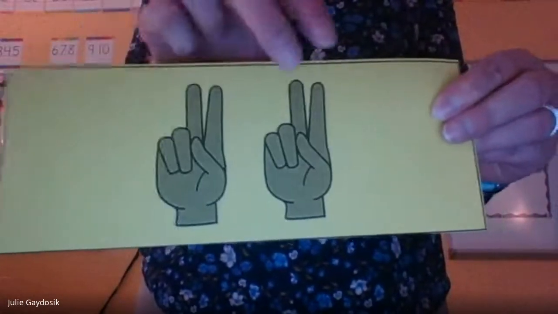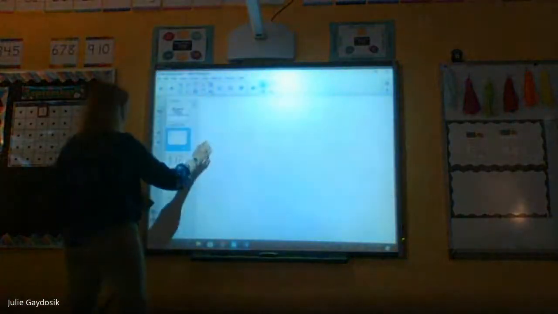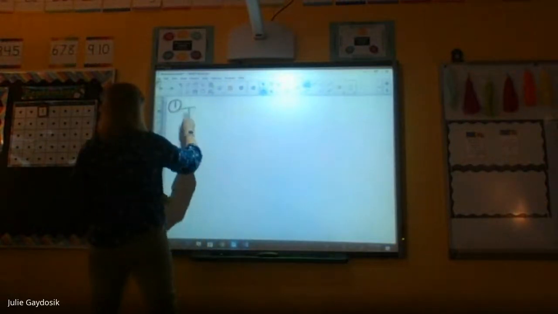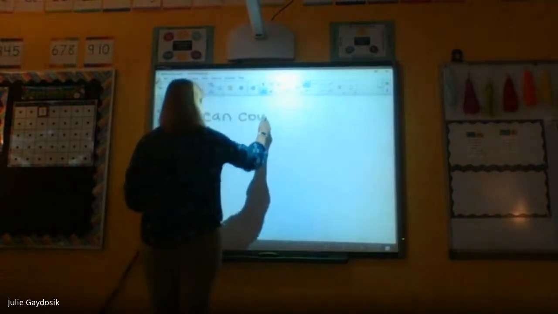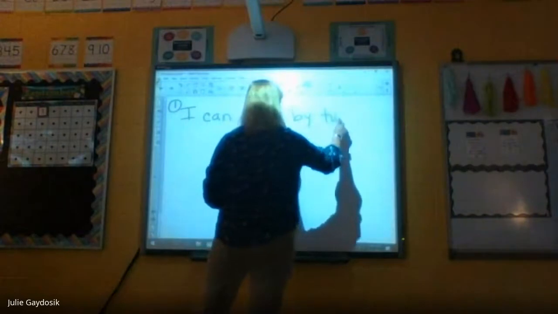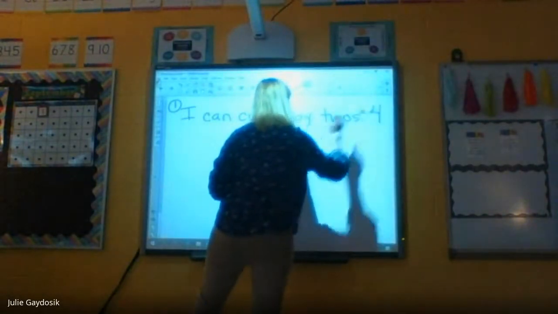So 2, 4. So that is one way I thought of to count these fingers, by twos. And I got the number 4.